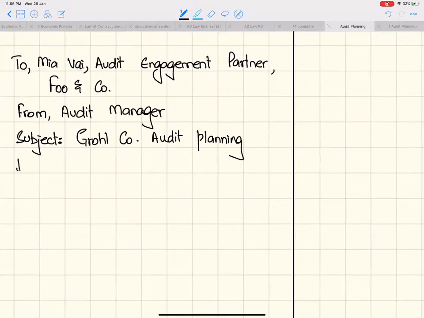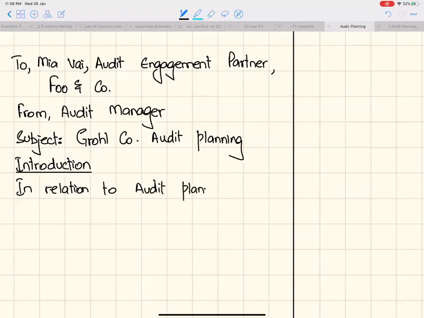And then you have to write the introduction. Now learn the technique of how I'm writing the introduction. You just need to follow it and change the names of the company. In relation to audit planning for Grohol Company. Now every time you have to change the name of the company, okay? Like this time the name of the company is Grohol.